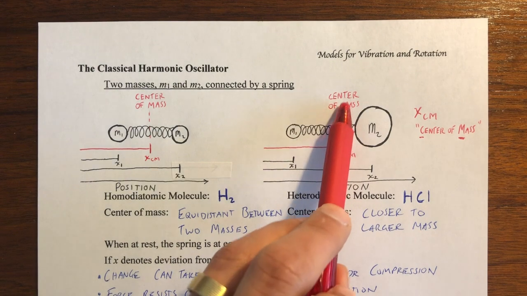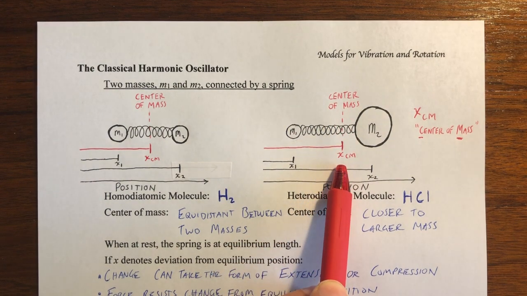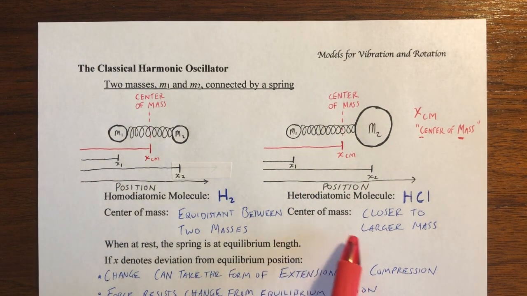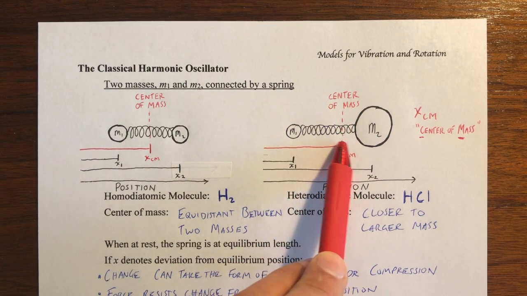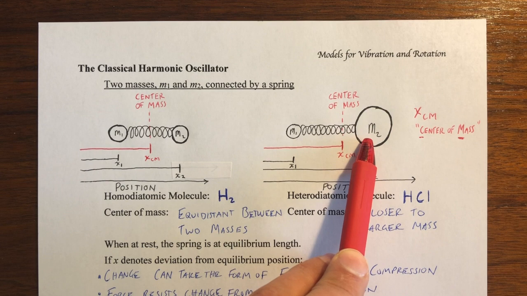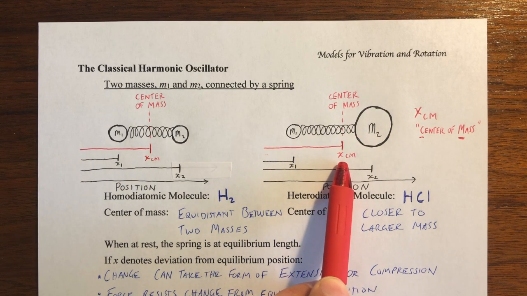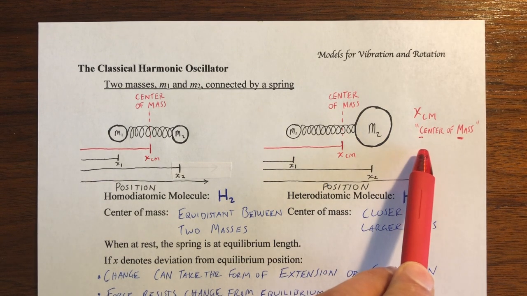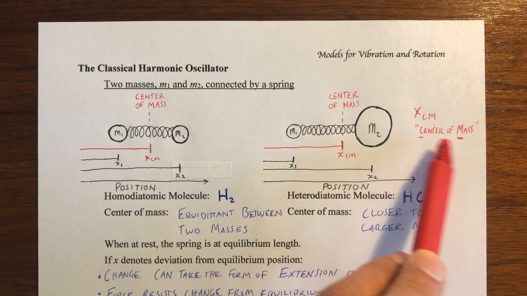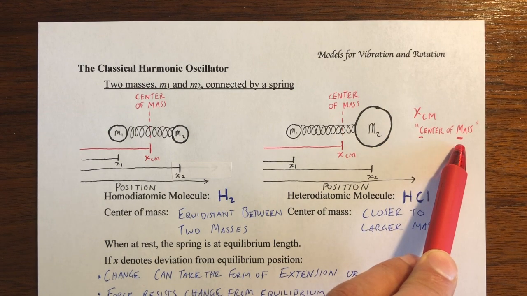In this situation, our center of mass is no longer right in the center. It is actually closer to the larger mass. So the center of mass is right here, closer to m2. And that's shown using xCM, and that is CM, capital C, capital M. I wanted to indicate that it is not centimeters, and that's for center of mass.